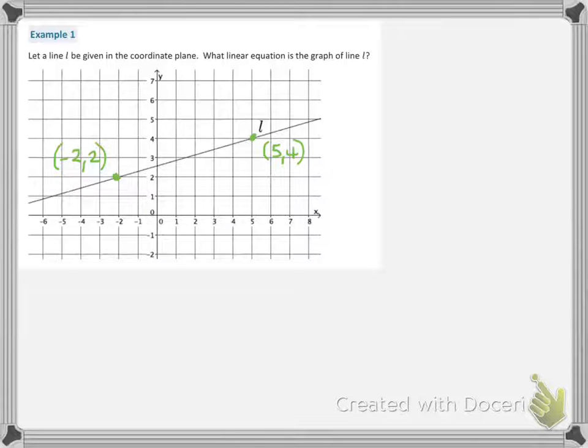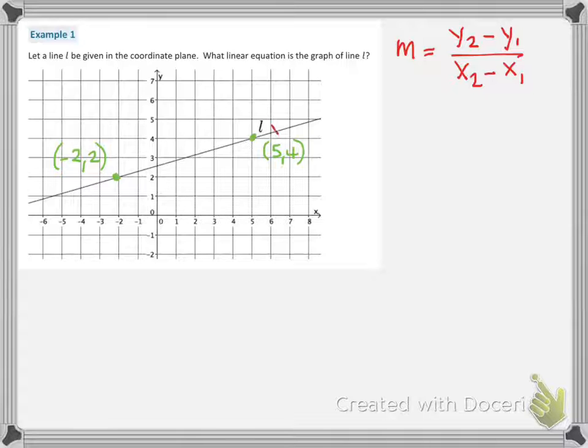All right, so we have those 2 points. What we can do is calculate slope. If you'll remember, slope is equal to the change in y, which we can write as one of the y's minus the other y's, over one of the x's minus the other x, x2 and x1. And let's just label these.